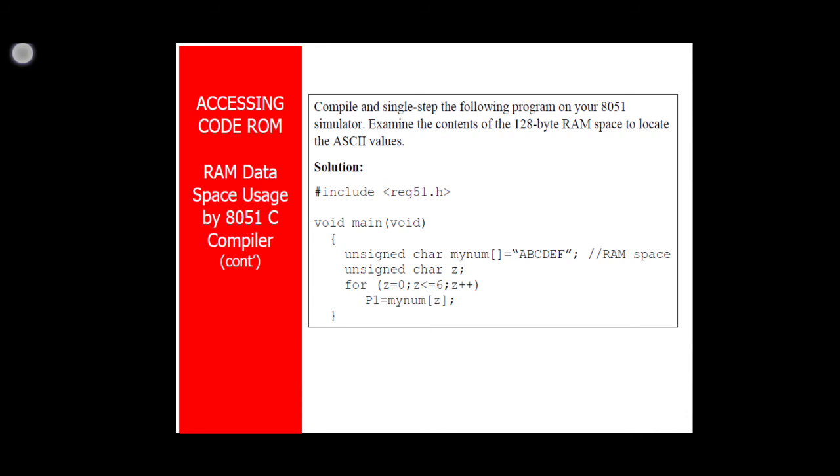First, an array is being declared with the elements A, B, C, D, E, F in the RAM space. We have the variable Z, and this array is stored in the RAM space, and from this RAM space we are moving the ASCII values. We are taking the values and sending them to port 1. So you can observe it on port 1.